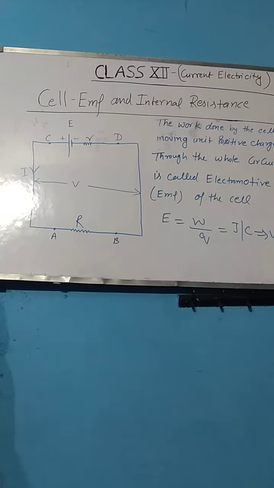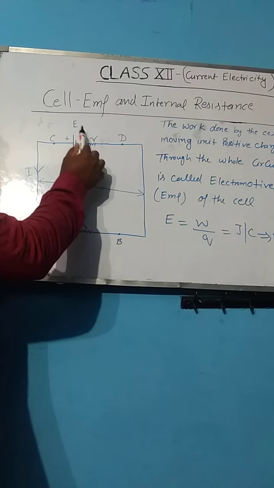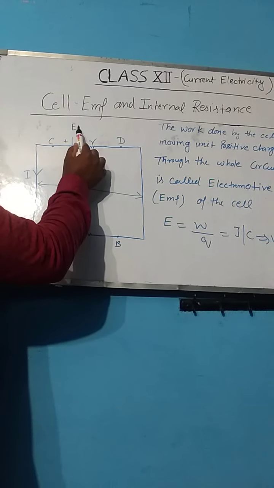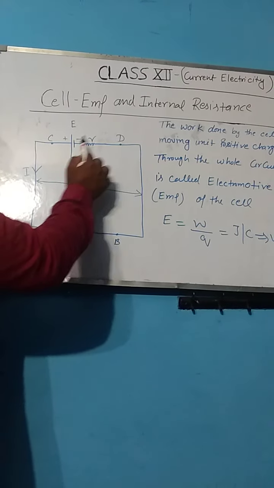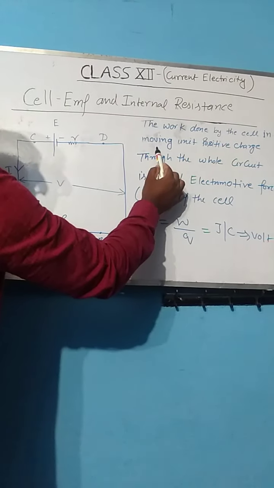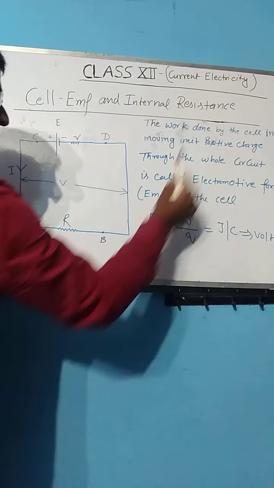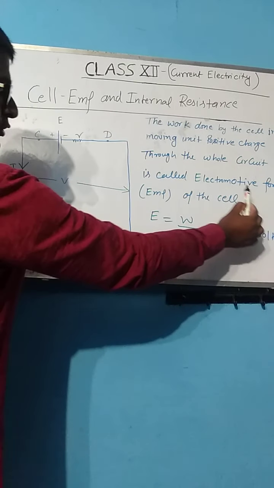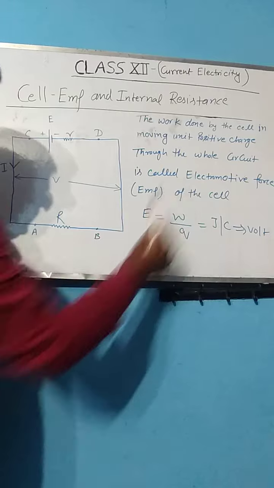So we have to start with the statement of the cell's EMF value E. The work done by the cell in moving unit positive charge through the whole circuit is called the electromotive force, EMF, of the cell.